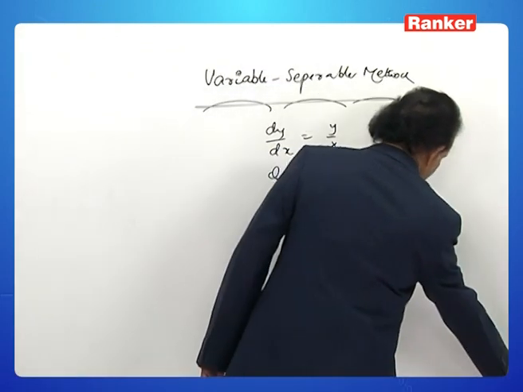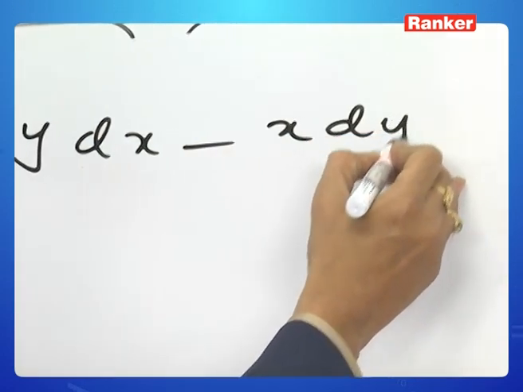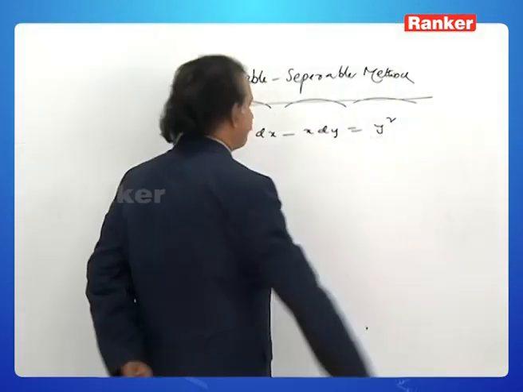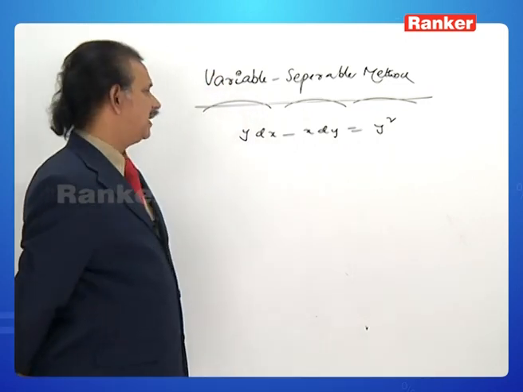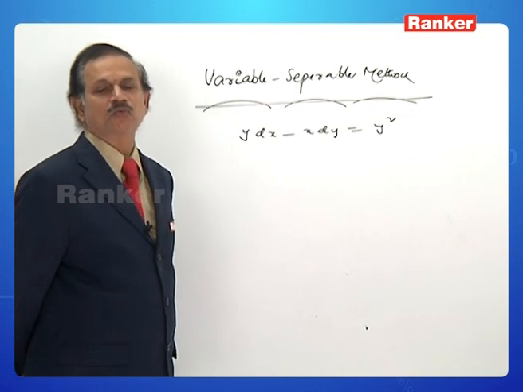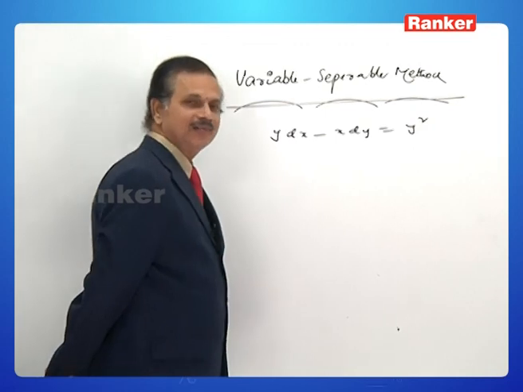Okay then, one more thing. y dx minus x dy is equal to y square is given. What is meant by that?